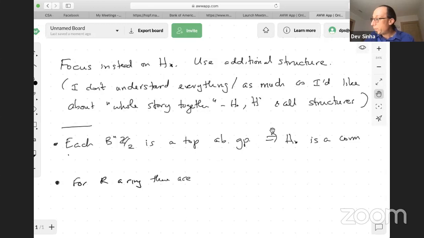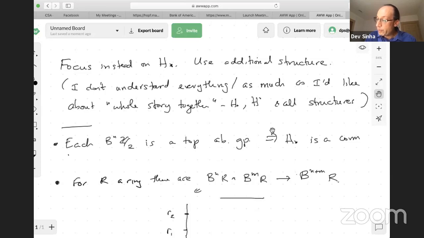there are lovely maps, B^n R cross B^m R, and Z/2 is certainly a ring, to B^(n+m) R. And of course, I'll draw it in the only dimension I can, namely in m equals 1. So I've got a couple ring elements here, and then a couple ring elements here.